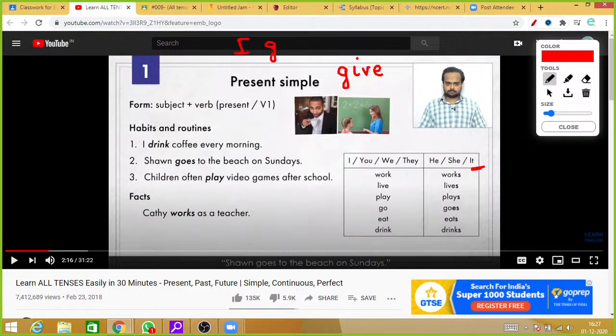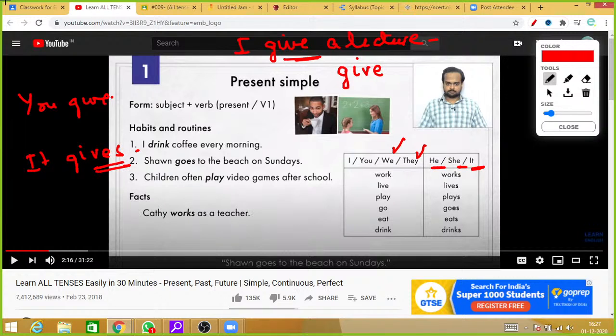I give a lecture. So I give when I am talking about I. You give. We give. They give. But when we talk about he, she or it, then what will it become? It gives. S we'll have to attach.